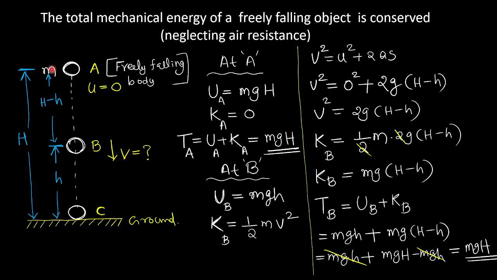So at A total energy is mgH, and B is somewhere on the way. The total energy at B is also mgH. So total energy at A is equal to total energy at B. Now I will find the total energy at C. All of you please write down till this step.